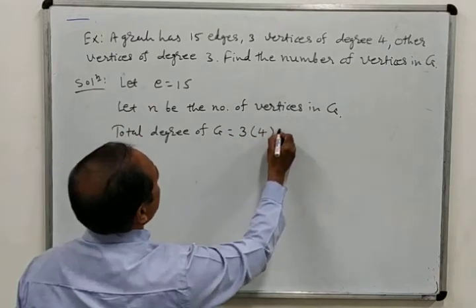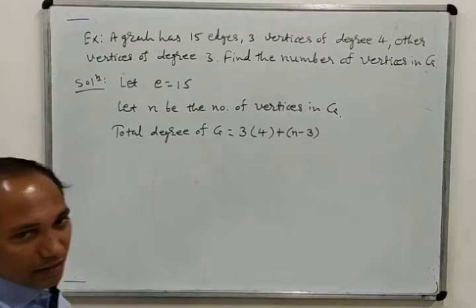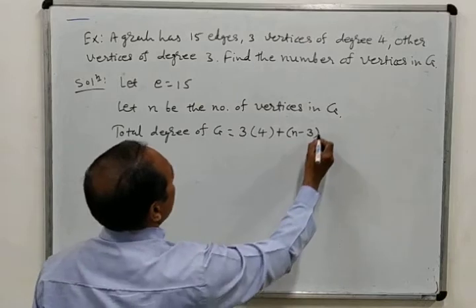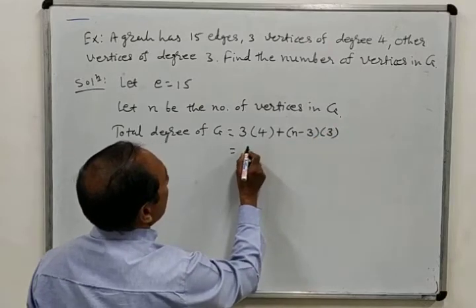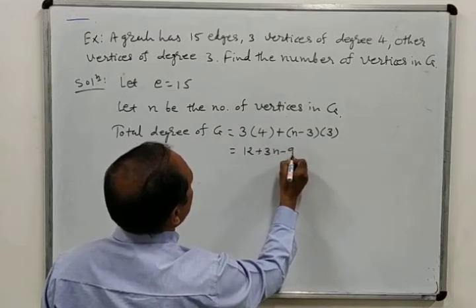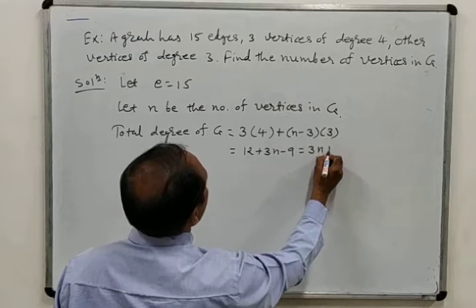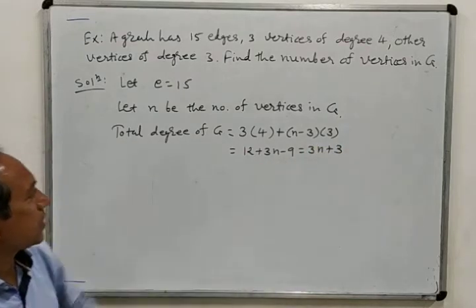How many other vertices are there? Total is n vertices, so other vertices are n minus 3 and these have degree 3. So this is 12 plus 3n minus 9, which is equal to 3n plus 3. Okay, 12 minus 9 is 3.